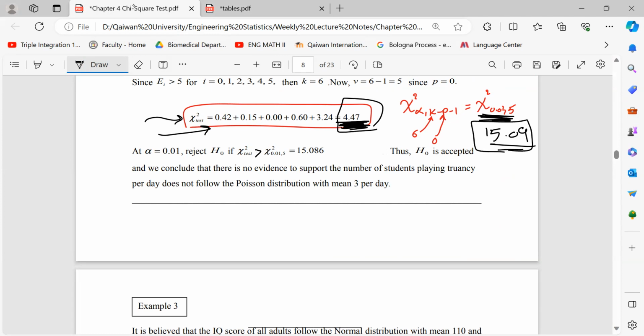No. We are unable to reject the null hypothesis, H naught, which is X follows the Poisson distribution with mean 3. It's not accepted, and you conclude that there is no evidence to reject this hypothesis.